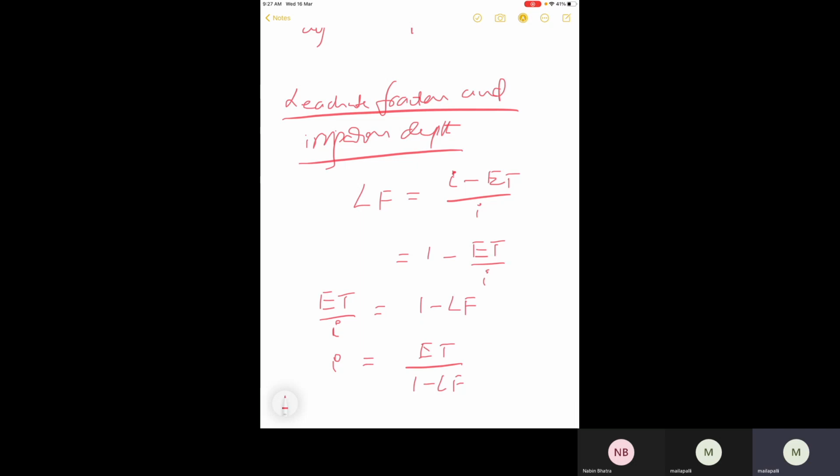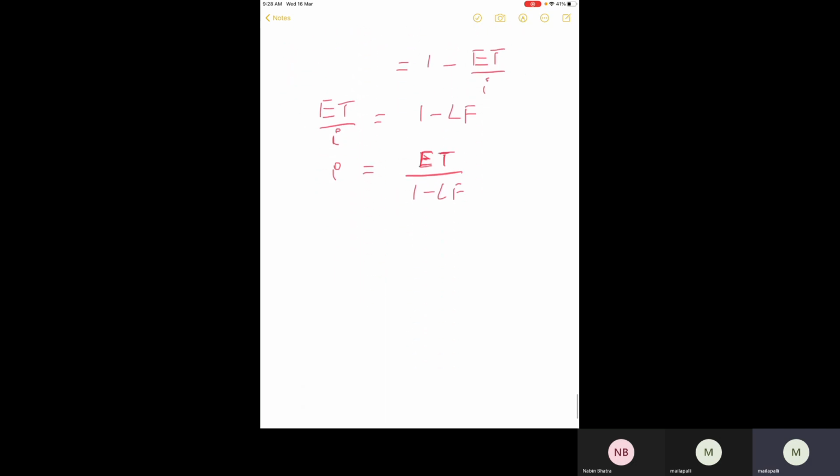Okay, so now I'm going to replace the ET with the terminology used for defining soil water. So I is equal to... So ET is what?